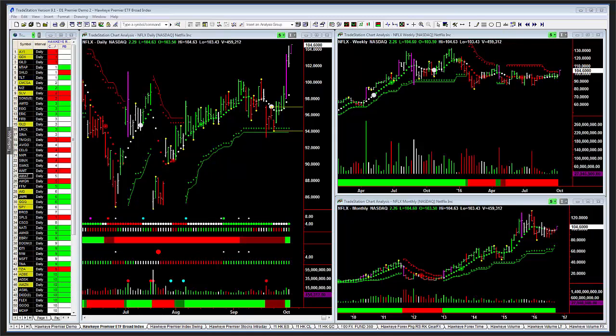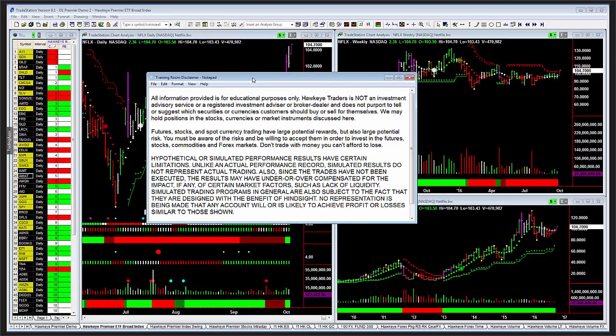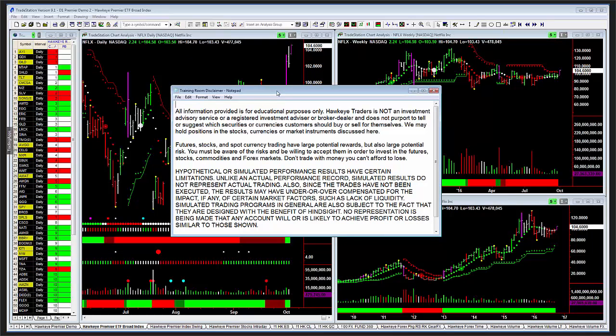I want to remind everyone that we are here for educational purposes only, that we are not investment advisors. We are not registered investment advisors at all. But we are here to help you and to instruct you on the proper use of Hawkeye, the application of the Hawkeye indicators on your charts, and using them to establish a trading plan. Make sure that you understand there are risks involved in trading in these markets.